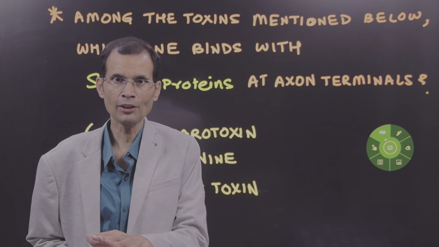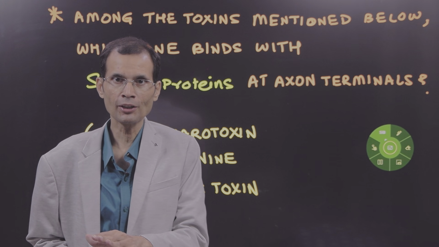neurotransmitter release occurs by exocytosis, right? For exocytosis to occur, the vesicle has to fuse with the presynaptic membrane, and then it opens and the neurotransmitter is released. In this fusion, the SNARE proteins are involved.